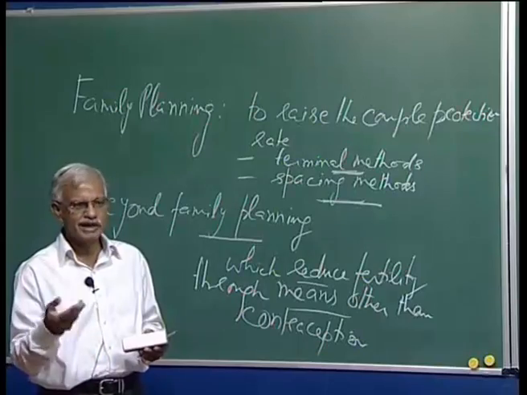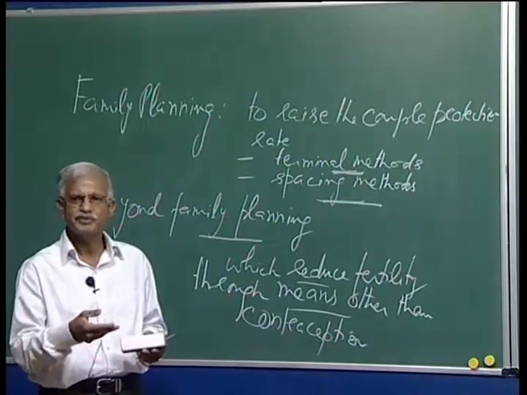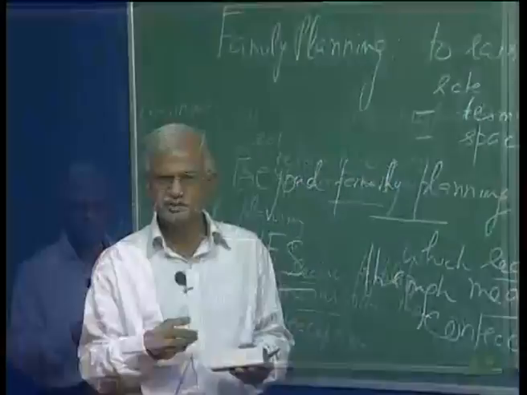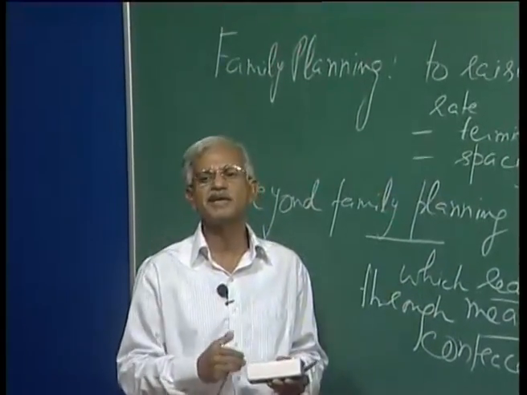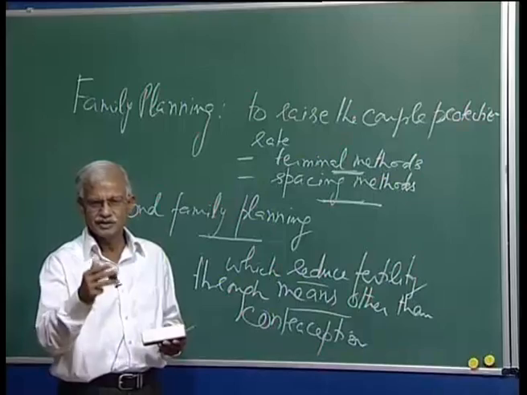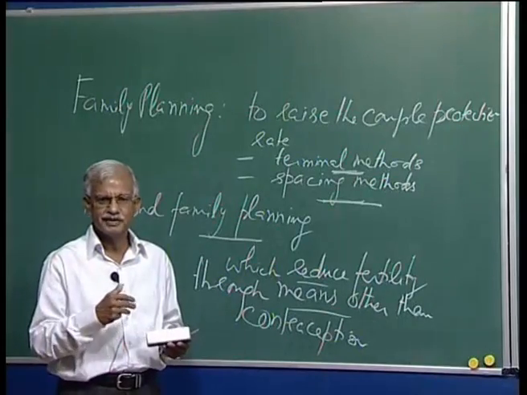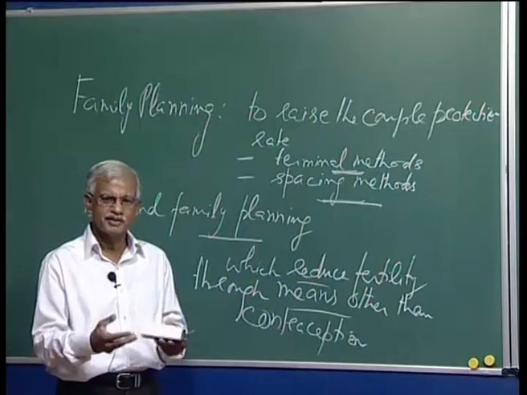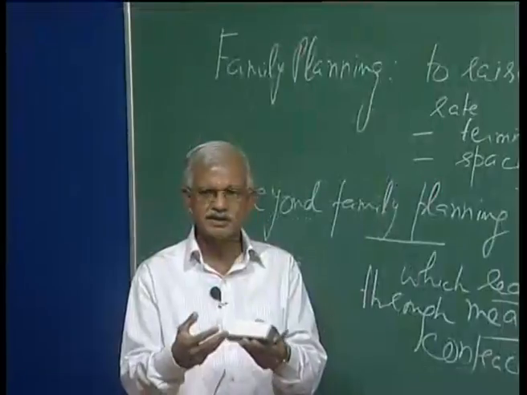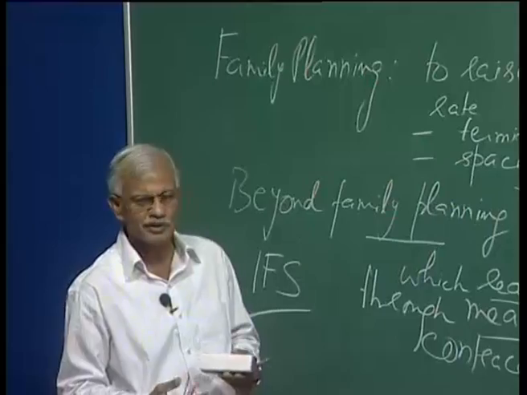If they produce say 5 children or 6 children, they think that only 3 or 4 will survive. So, they produce more children than they desire. So, if we reduce infant mortality or maternal mortality or child mortality, then the family is more sure of having 2 or any number of children that they want to have.